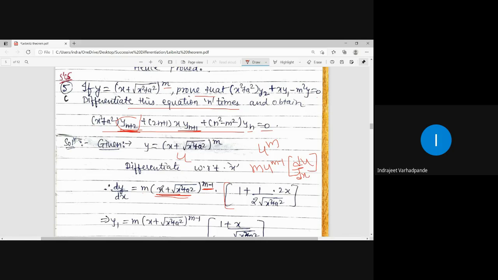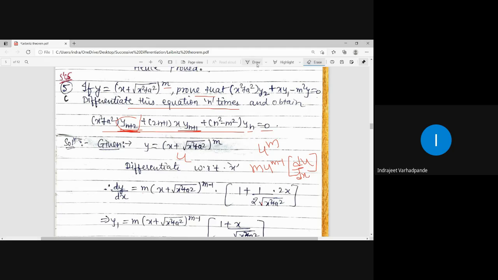What is the derivative of x? 1. Plus what is the derivative of under root of x square plus a square? It is 1 upon 2 root of x square plus a square into the derivative of x square plus a square. The derivative of x square is 2x, the derivative of a square is 0, so it is 2x plus 0. Is this point clear? Yes, sir.